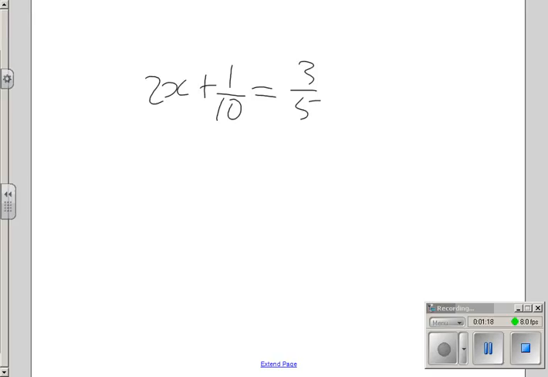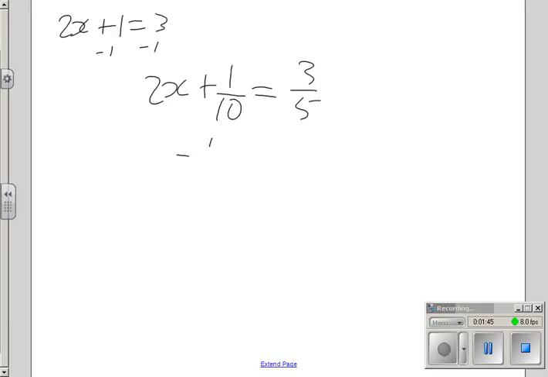You have solution the first way, which is of course what we're going to talk about right now, which is subtracting the constant from both sides. And then we have the second method, which is B, which is multiplying both sides by a common multiple of the denominators. So we're going to start first by looking at what it did. Well, here it said, okay, just as if it was 2x plus 1 equals 3, the first thing that we've always learned is to get rid of our constant first by applying opposite operation.